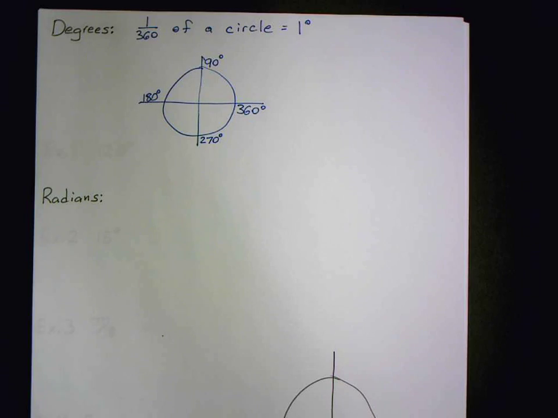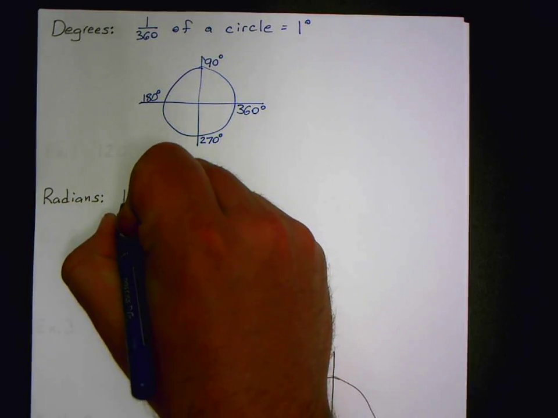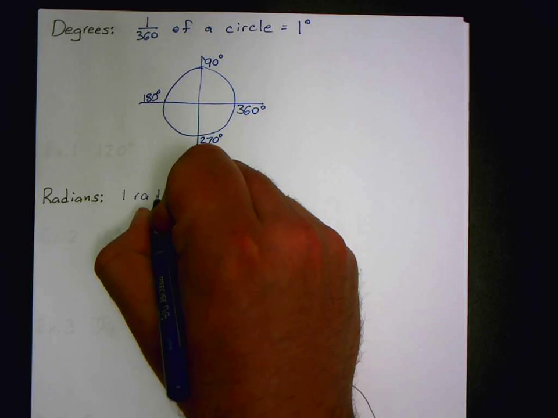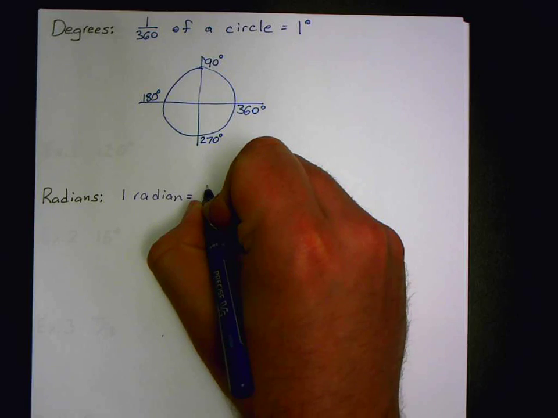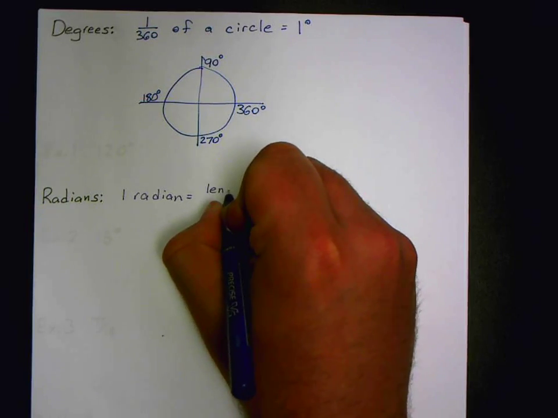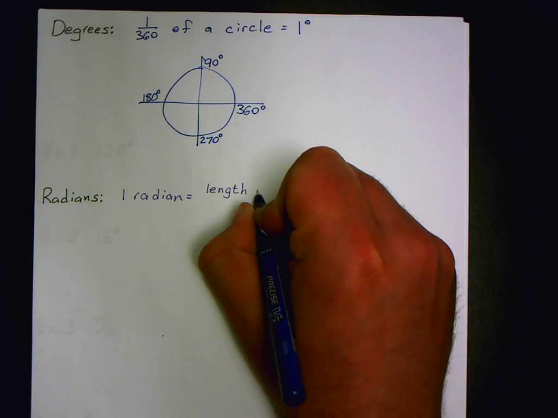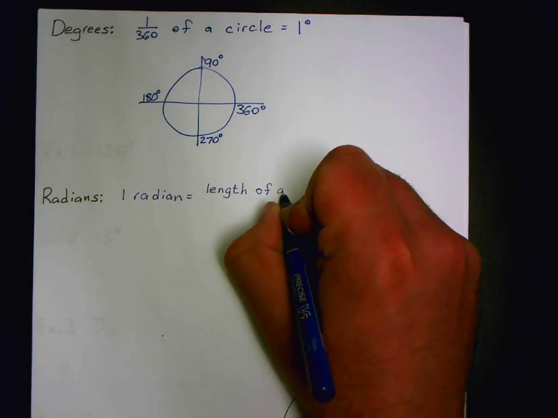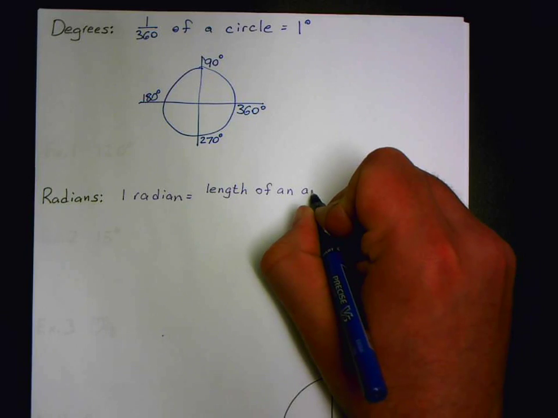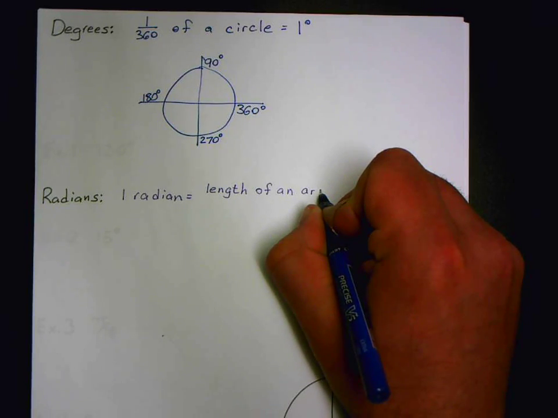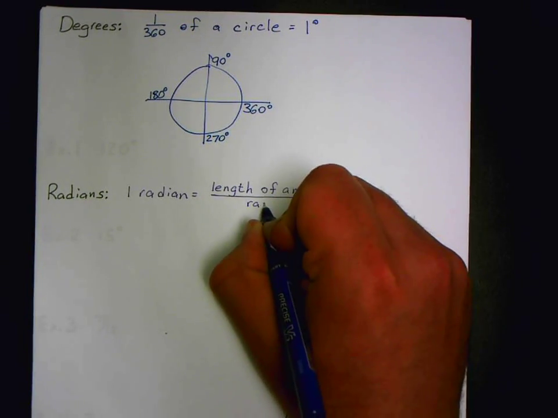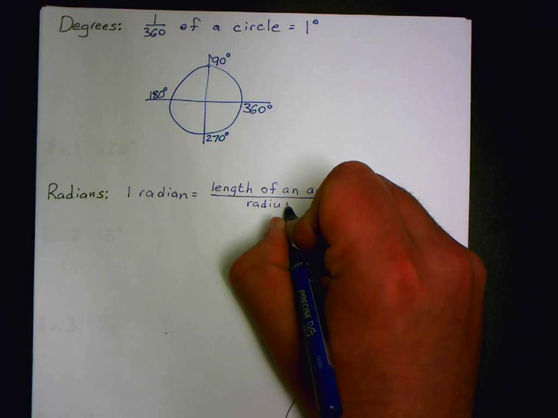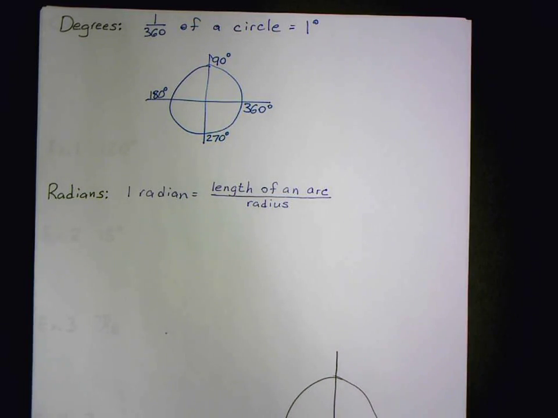The definition of a radian. That shouldn't be 1 radian.